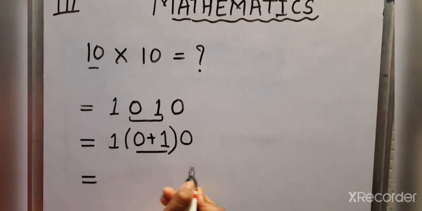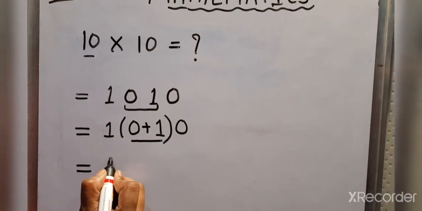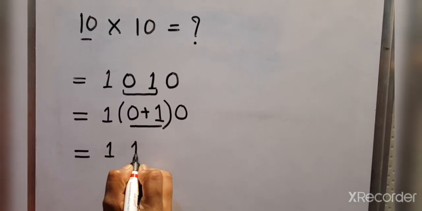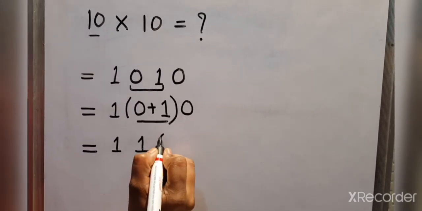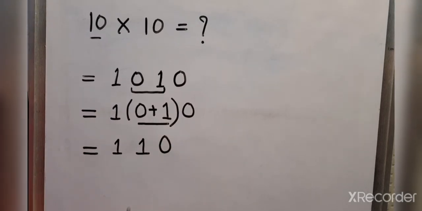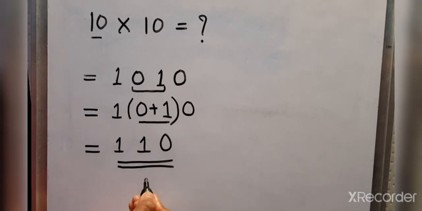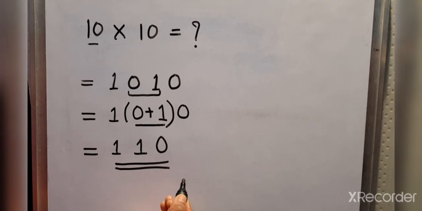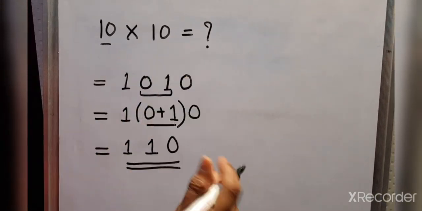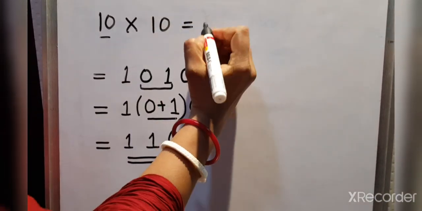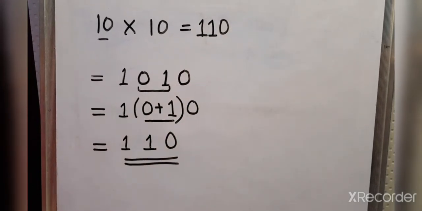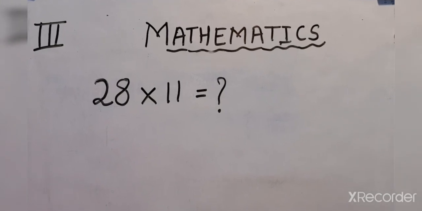So 1 we will write as it is. 0 plus 1 is 1. And this 0 we write as it is. So what is our answer? 110. We have got this answer with the help of the given pattern. 10 into 10 is equal to 110.